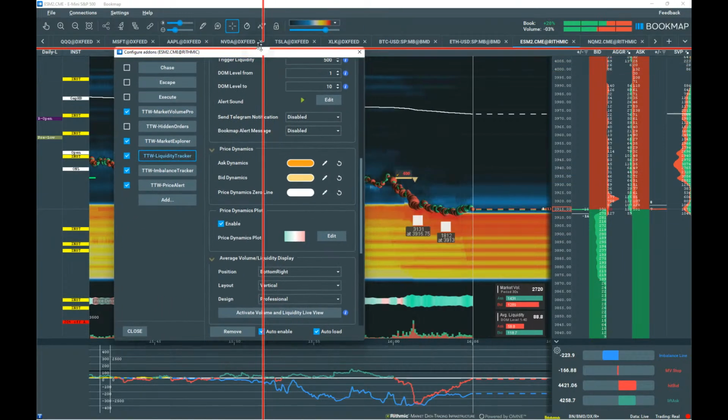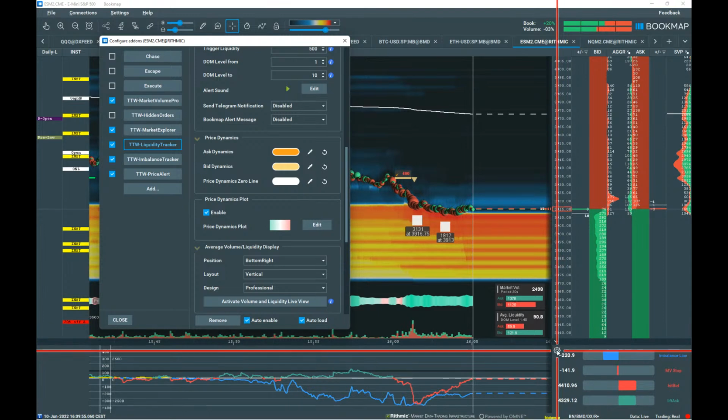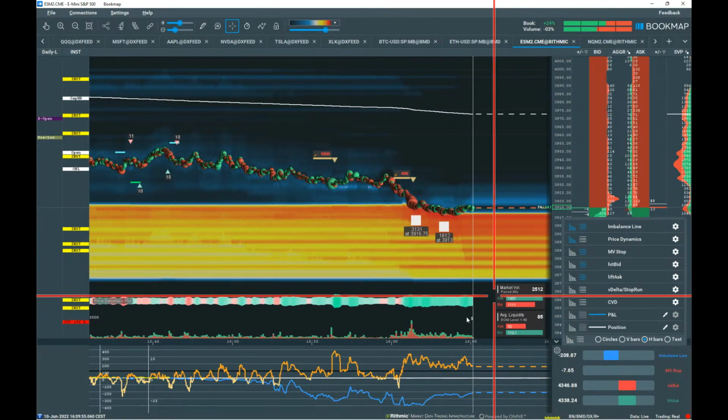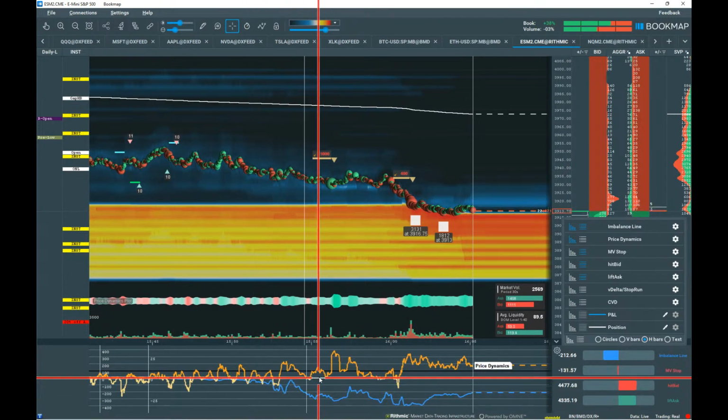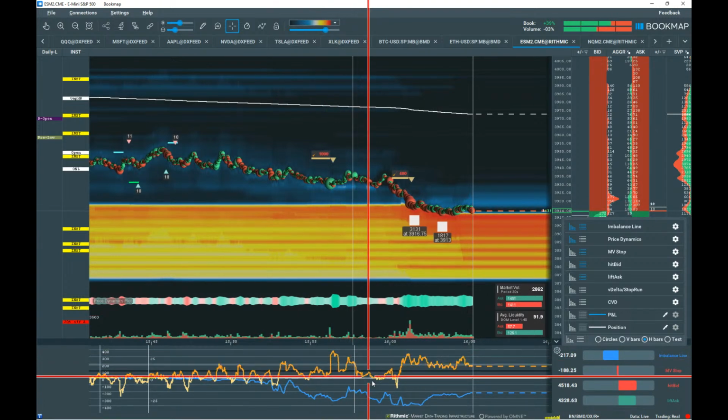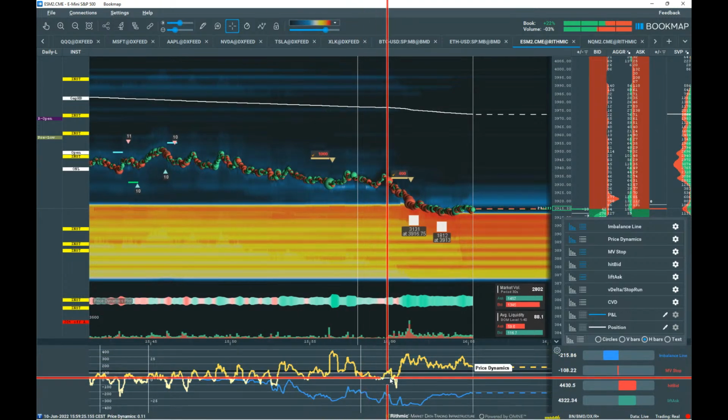Price dynamics is another tool we added to the liquidity. That means the price dynamics shows the volatility of the price, and the volatility of the market volume as well.